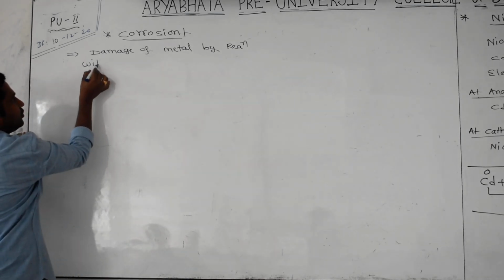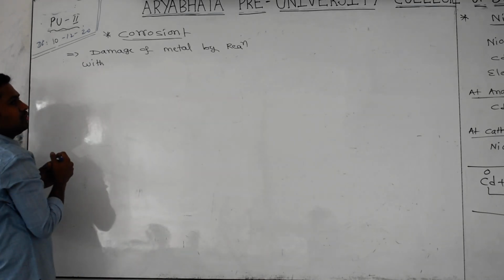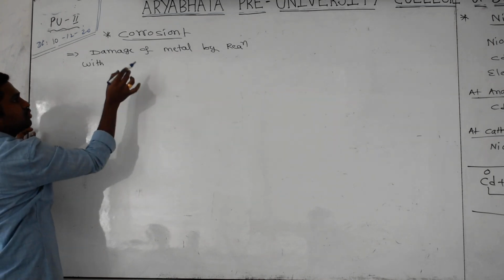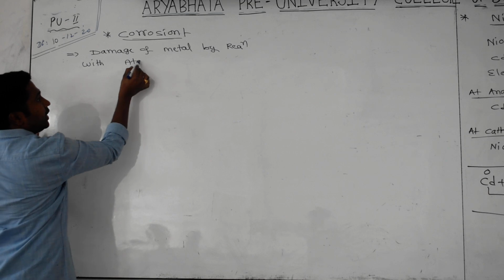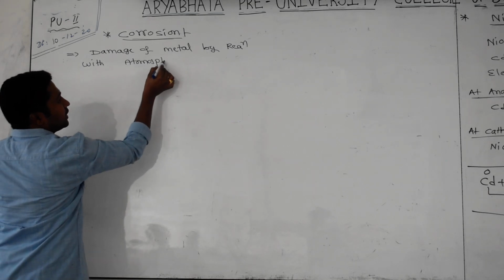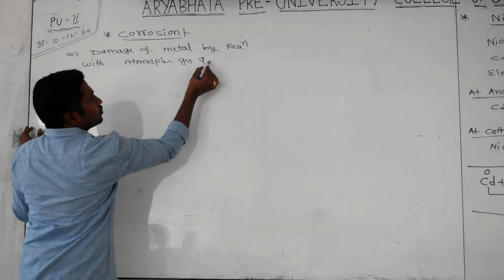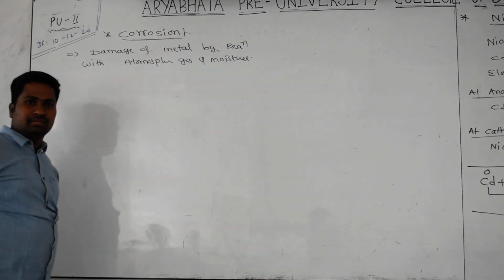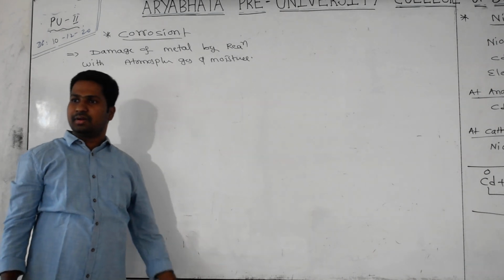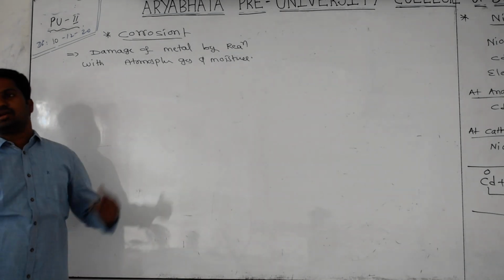Generally, what happens is damage of the metals by reaction with atmospheric gases and also moisture. This is the danger: moisture, wetness in the atmosphere. That is the main reason for the rusting of iron.